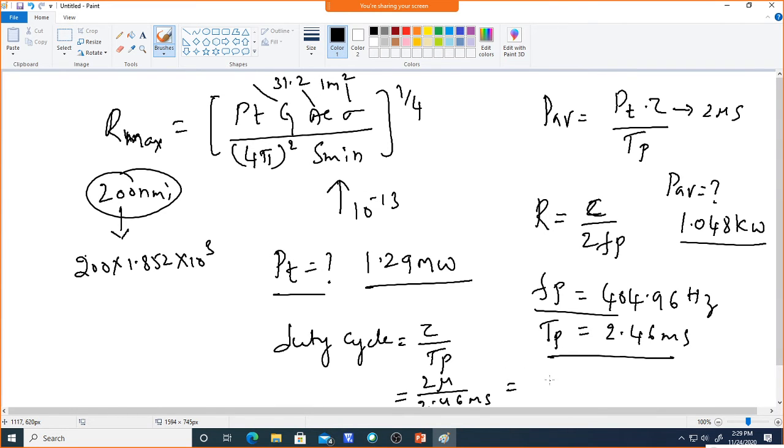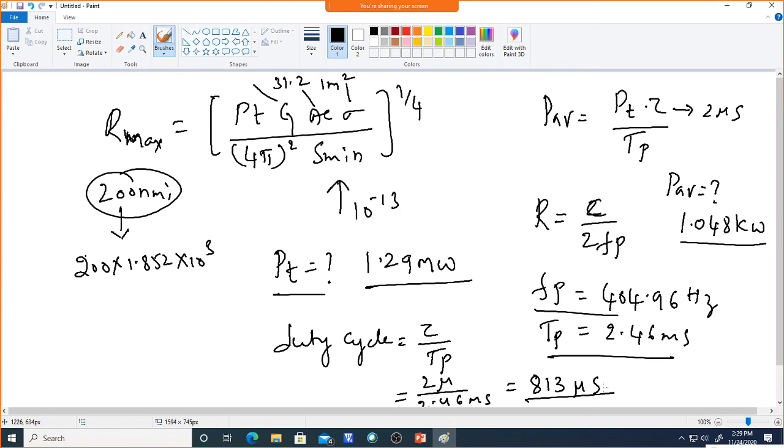How much is it? The duty cycle 1.55. So how will it come? So this is 2 by 2.4, which means it should be less than 1, right? 813 microsecond.